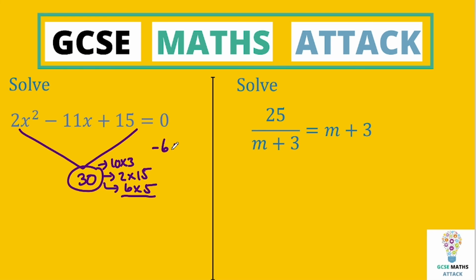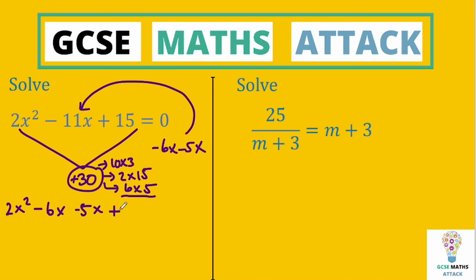I can do minus 6x minus 5x. 2 minuses will give me positive 30. So minus 6 times minus 5 will give me positive 30. Minus 6x minus 5x will give me minus 11x. So I'm just going to grab this and stick it here. I'm left with 2x squared minus 6x minus 5x plus 15 equals 0. I'm just going to factorize this.